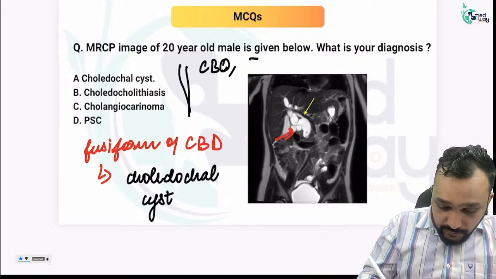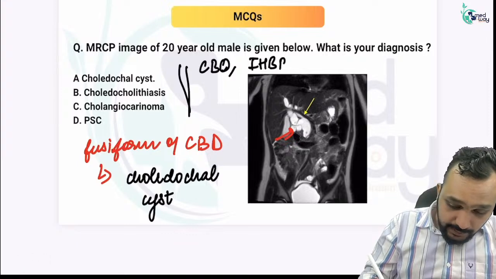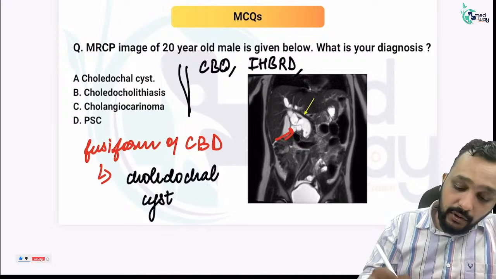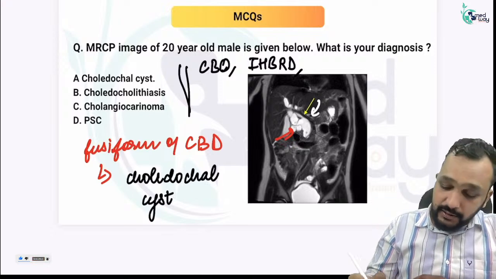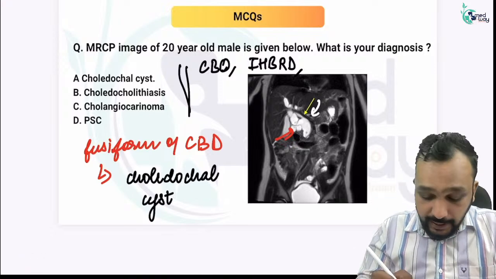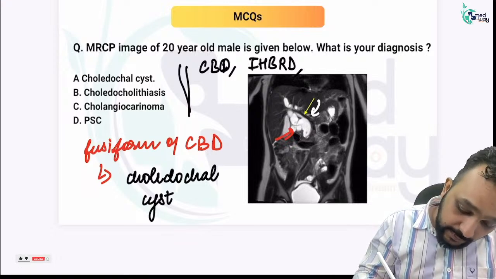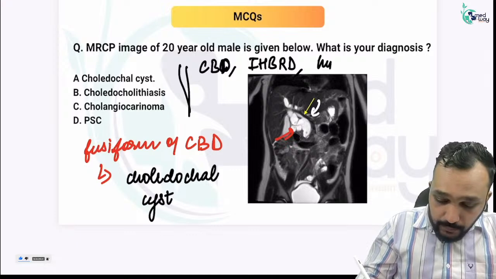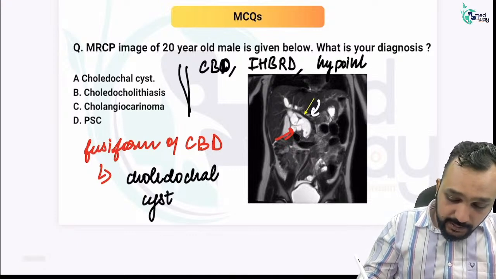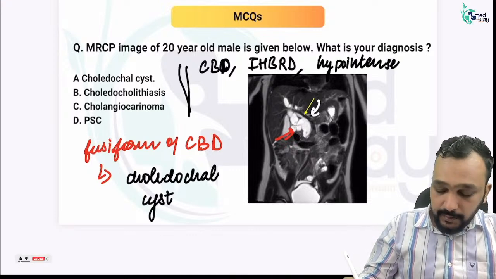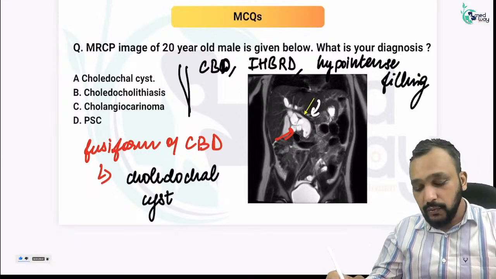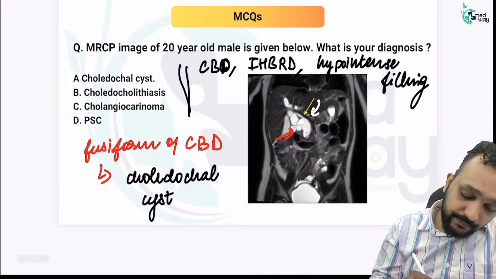dilatation of intrahepatic biliary radicals. Okay, dilatation will be there, it will not be as dilated as shown in the current image. There will be dilatation of the CBD, dilatation of the intrahepatic biliary radicals, and you will see hypointense filling defects in the CBD in patients with choledocholithiasis, right?